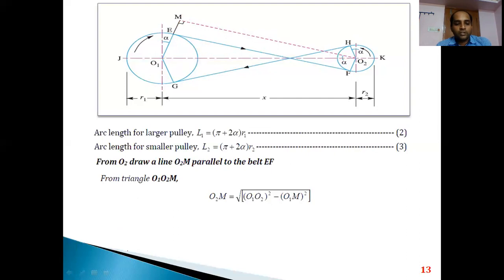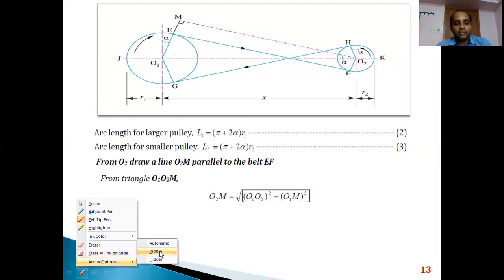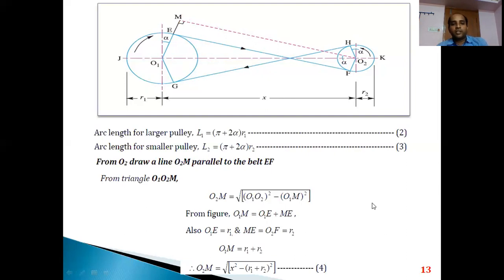Now make the substitutions in the form of the radius R1 and R2 by simplifications. Let us see what they are. O1M is nothing but the sum of O1E plus EM. What is O1E? If you observe, from point O1 to E, it is nothing but radius R1.